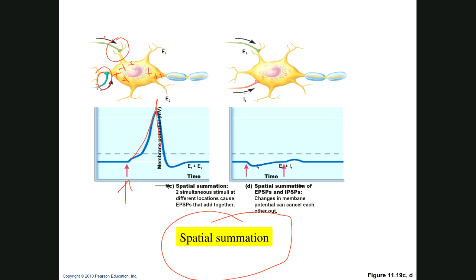Some of these neurons synapsing may be secreting neurotransmitters that create an EPSP. Others may be secreting neurotransmitters that create an IPSP. And essentially it is addition and summation of what is being released that determines what happens to the cell receiving all this input.